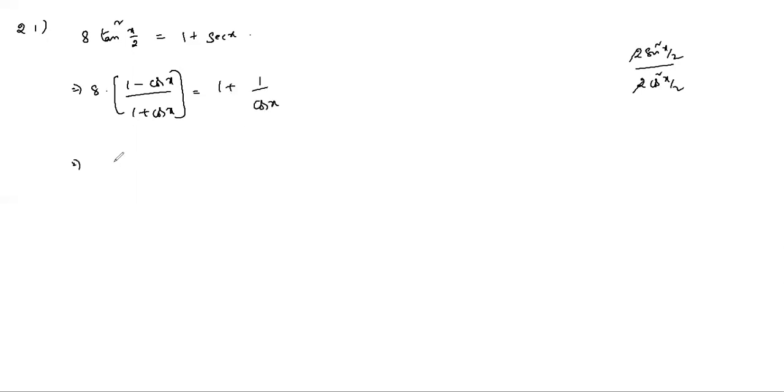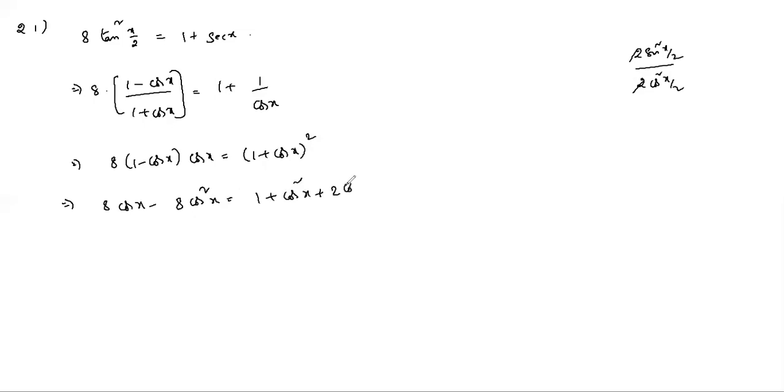Take cross multiplication: 8 into 1 minus cos x into cos x equals 1 plus cos x into 1 plus cos x, that is 1 plus cos x whole square. So 8 cos x minus 8 cos square x equals 1 plus cos square x plus 2 cos x. So 8 plus 1, 9 cos square x; take all terms to one side: 9 cos square x minus 6 cos x plus 1 equals 0.